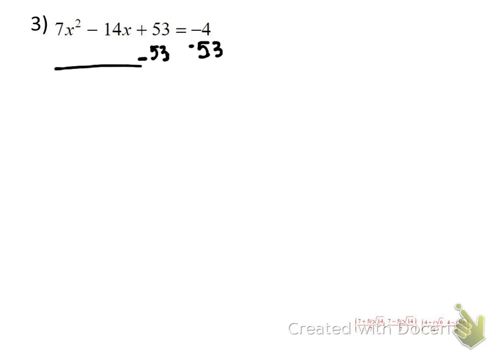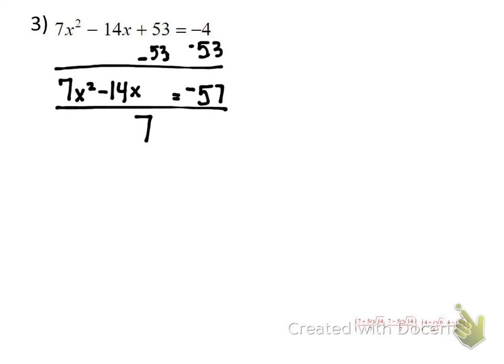When we do that, we have 7x squared minus 14x is equal to negative 57. Then we divide both sides by a, which is 7. So we have x squared minus 2x is equal to negative 57 over 7.